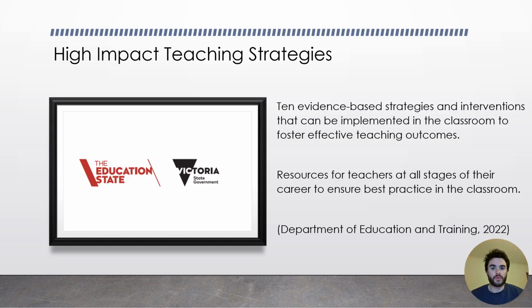Good practice for teachers at all stages of their career is to utilize the high impact teaching strategies, or the HITS, which are 10 evidence-based interventions that can be implemented to foster more effective learning outcomes.